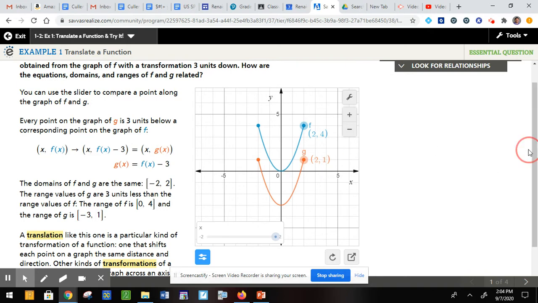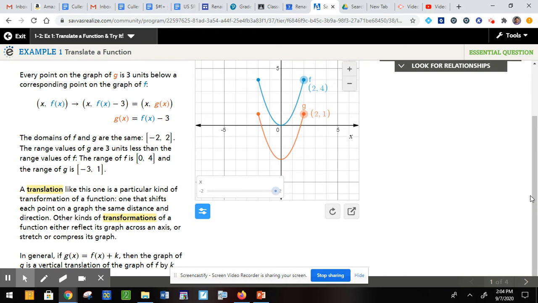That's called a translation of 3. A translation like this one is a particular kind of transformation of a function, one that shifts each point on a graph the same distance and direction. Other kinds of transformations, you can reflect across the x-axis, you can stretch and compress. We'll talk about what those things are and how that would work.